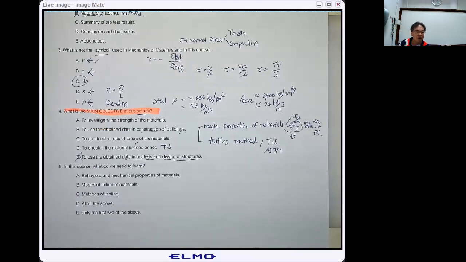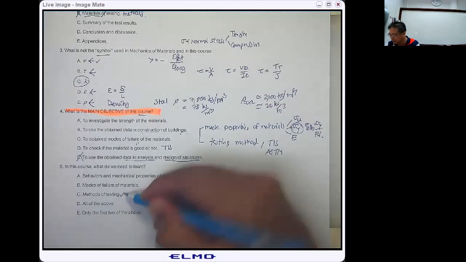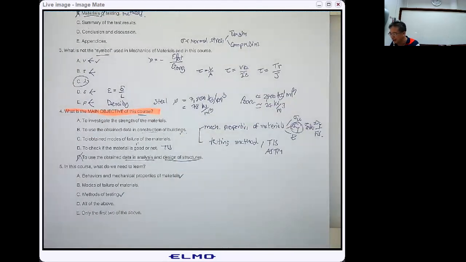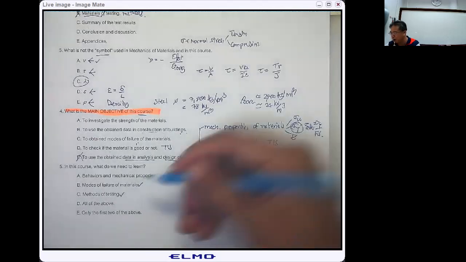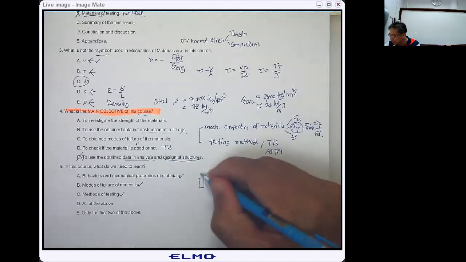In this course, what do we need to learn? Okay. We learn a lot of things. One is we learn about the behavior of the material. The second, we learn about the method of testing. And then we also learn about the mode of failure of the material, such as when you do the tension test.